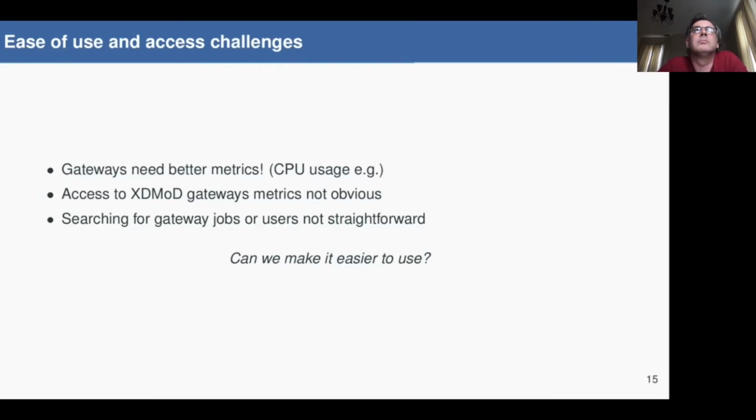But we really would like to have some things like CPU usage. We'd like to have access to gateways metrics be a little more obvious on XDMod. We've obscured it a bit, even though it's there. So we're bringing that right to the front. We're going to make it easier for gateway jobs and users to be searched for. So all of these things have already been done.